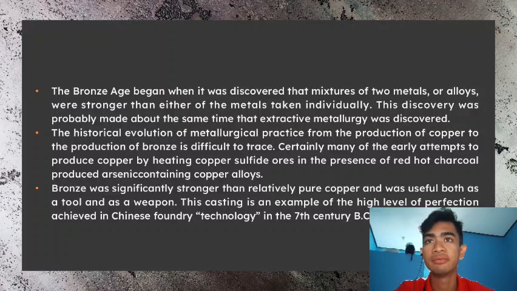The historical evolution of metallurgical practice from the production of copper to the production of bronze is difficult to trace. Many of the early attempts to produce copper by heating copper sulfide ores in the presence of red-hot charcoal produced an arsenic-containing copper alloy.